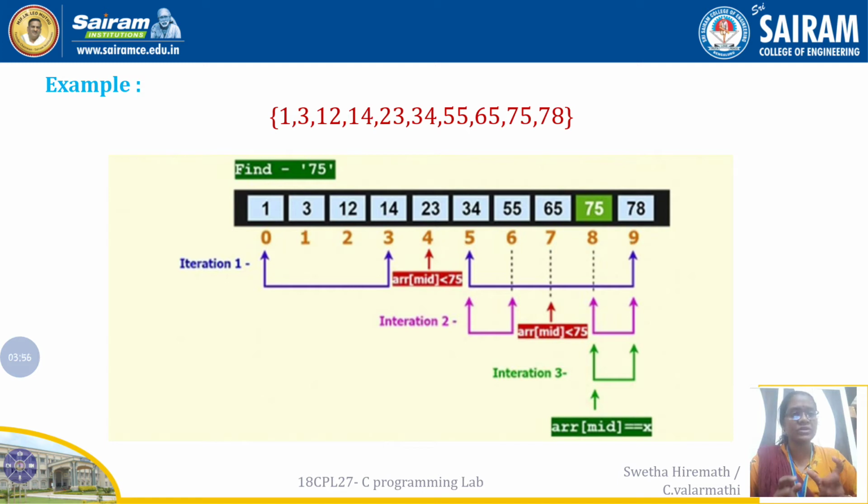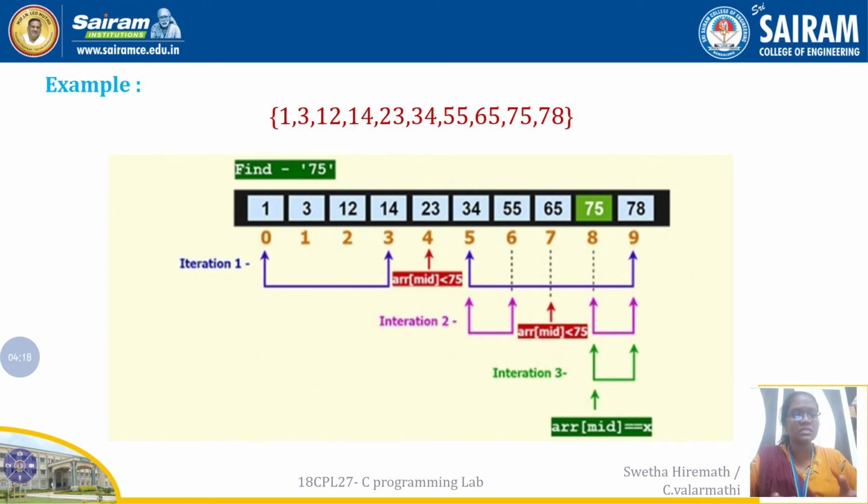So how can we perform it? In the first pass, the low value is fixed at the 0th element, because we know that the array storage starts from the 0th location to the end of the elements, so the first location is always 0. The low point is fixed at 0 and the high point is fixed at the 9th location.